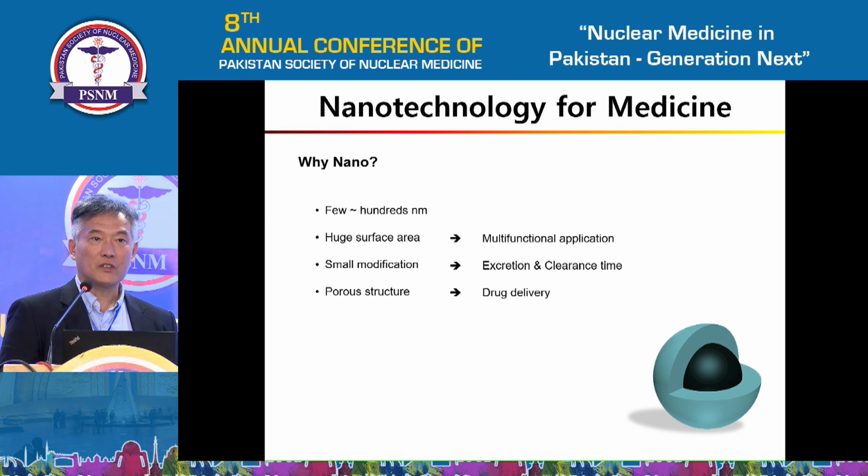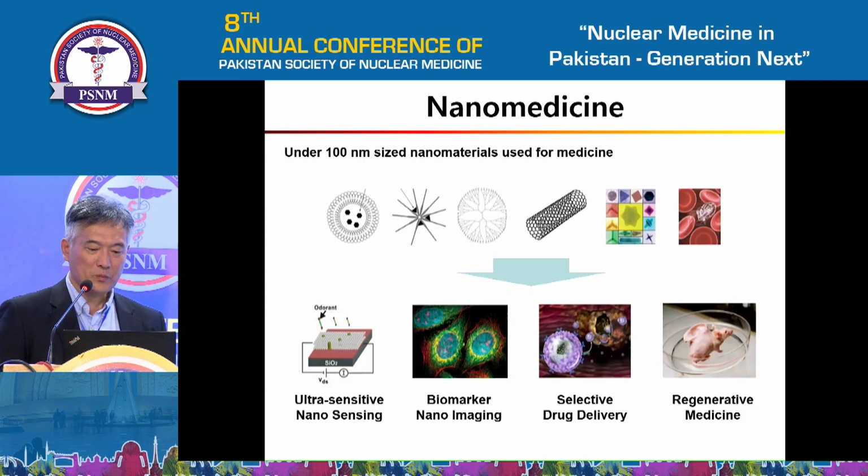But they eagerly want to apply this nanotechnology to the medicine because of that huge surface area that can be applied with the multifunctional application, and also small modification that can change excretion or clearance in time, and also some nanoparticle has a porous structure that we can deliver the drug inside of the nanoparticles.